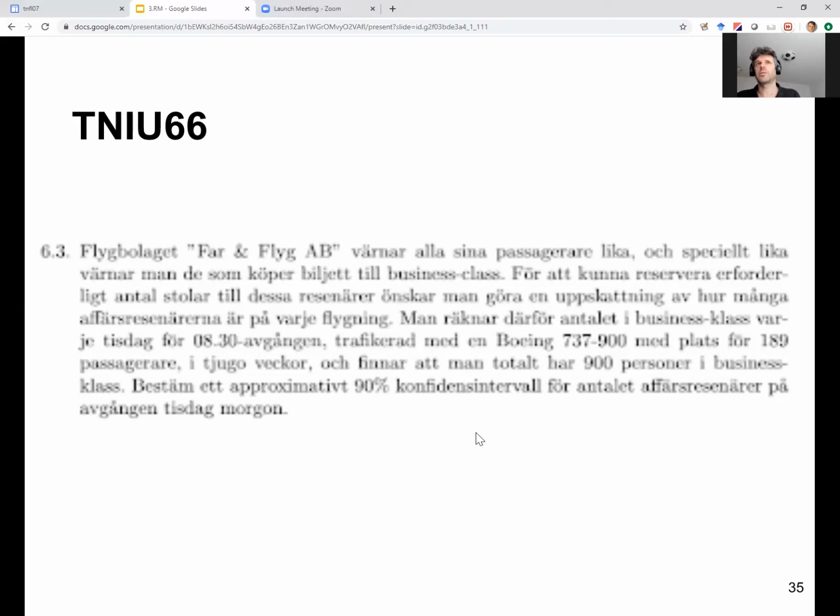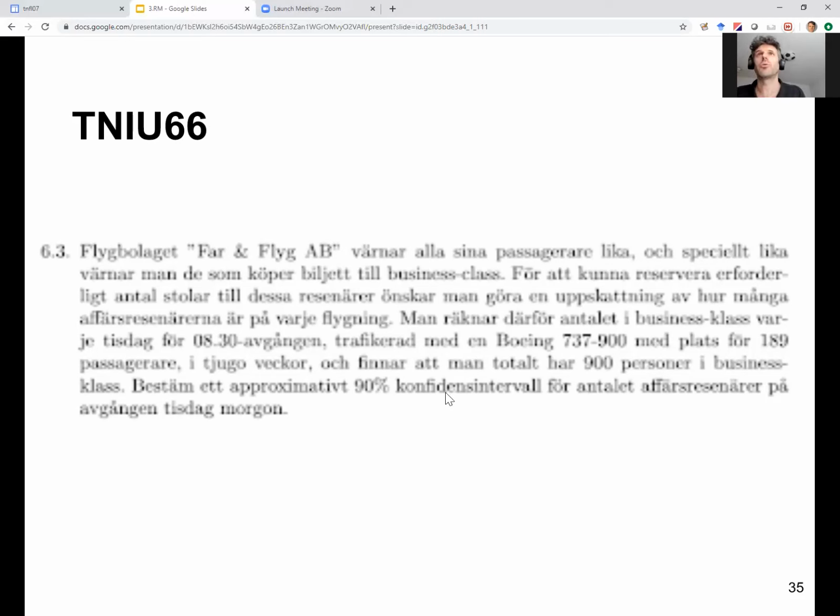So Mikael Hornquist sent this to me when we coordinated with him. That's what he teaches and what I teach in TNFL 07. He said, "Oh, you teach that," so he came up with this problem. This is really about the estimation of the number of business passengers on a certain flight.